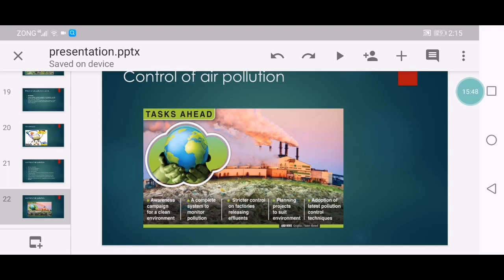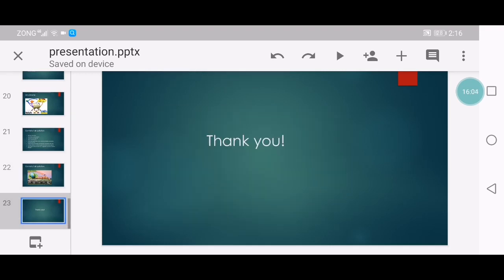To reduce the sources of pollution and the amount of waste, citizens should follow the process of reduce, reuse, and recycle to control air pollution. Thank you.